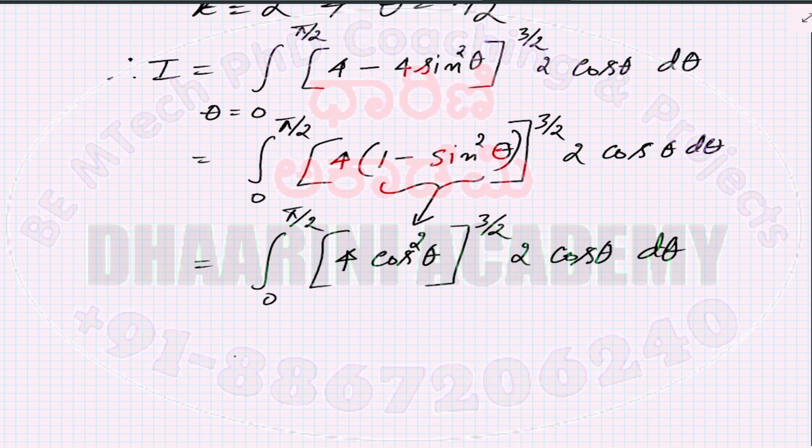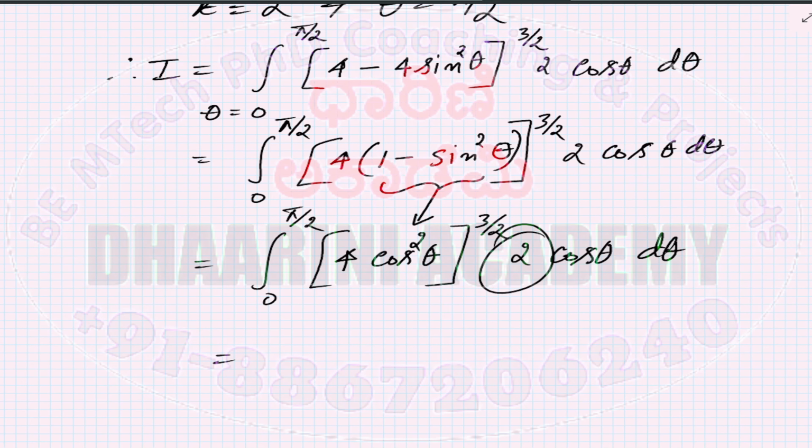All right, now you see there is 4. 4 is nothing but 2 square. 2 square and the 1 by 2 in the power will cancel each other. That is 2 square, so you have 2 cube coming up. What is 2 cube? 2 into 2 into 2, that is 8. 4 to the power 3 by 2 is simply 8. So 8 into, there is a 2 here, so 8 into 2 becomes equal to 16.